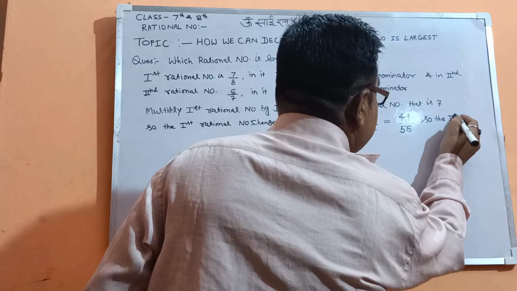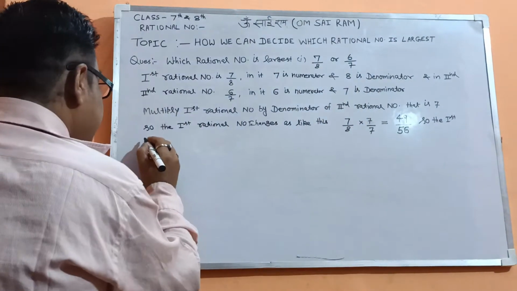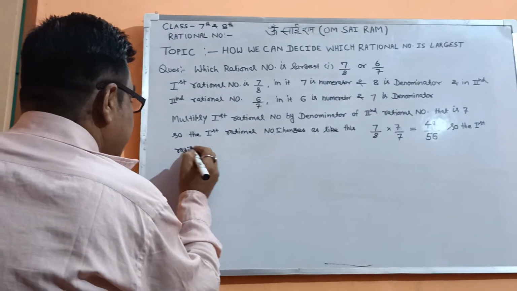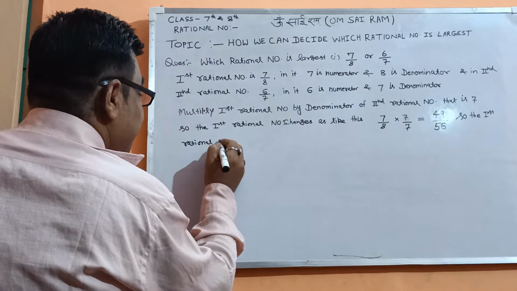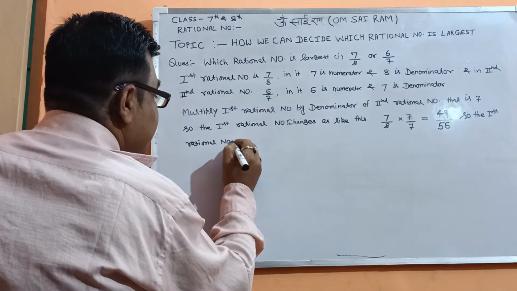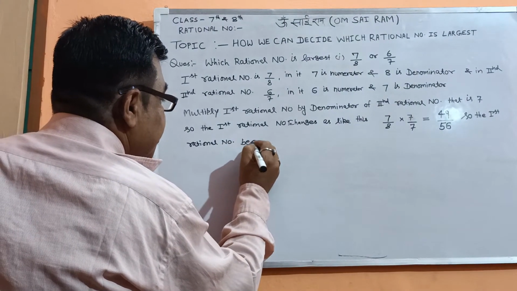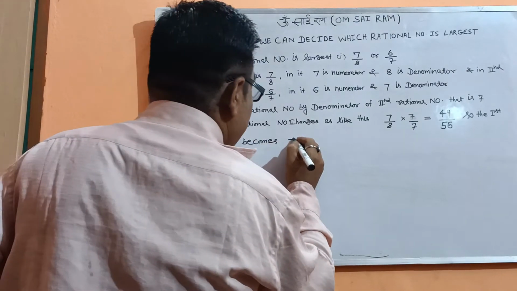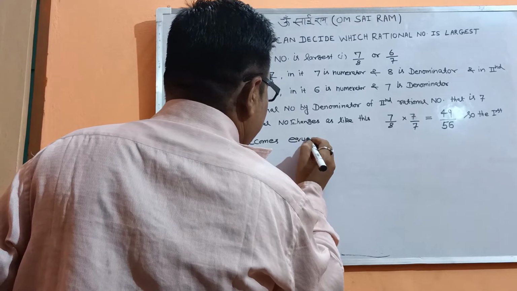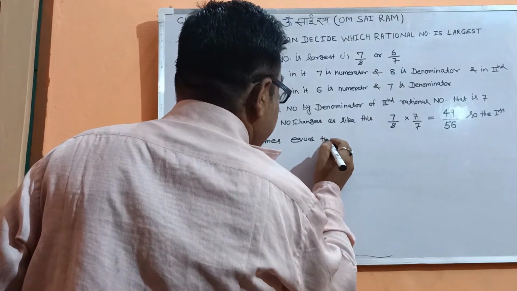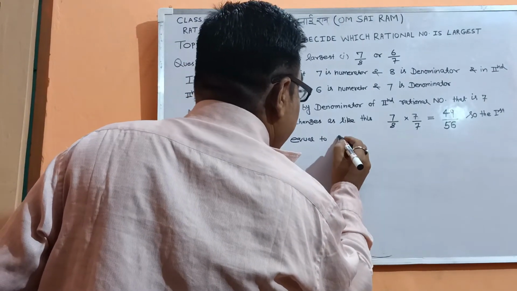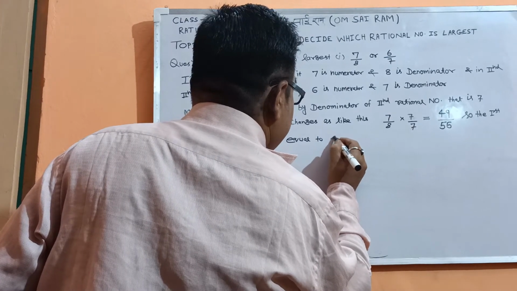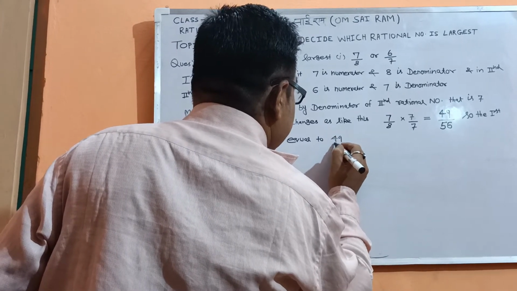So the first rational number becomes equal to 49 by 56.